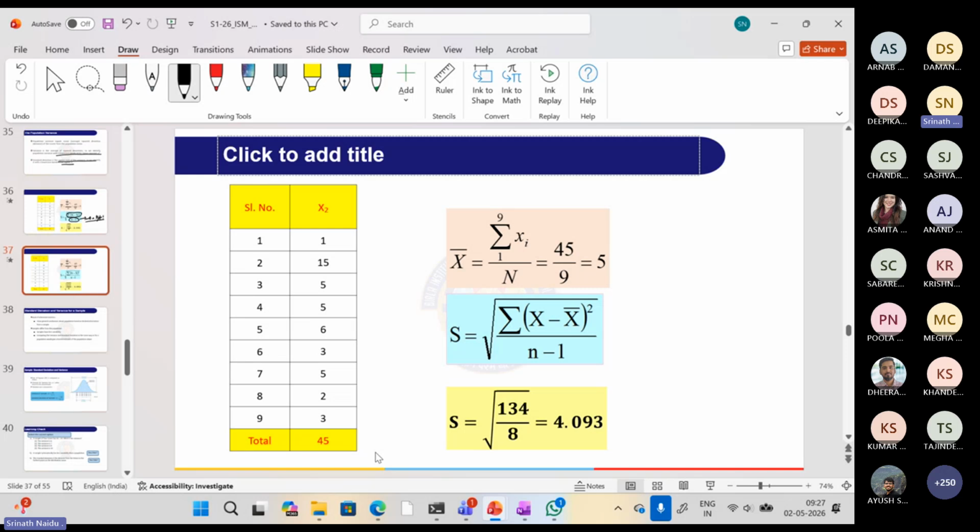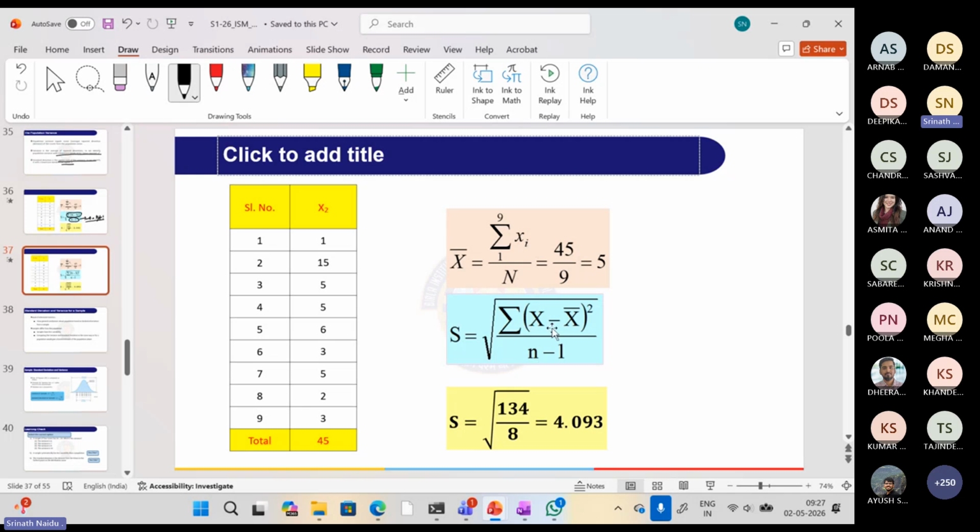So in answer to your question, you pretend that the data on the left-hand side is sample data, not the population data. And this formula, that standard deviation is the square root of variance, holds for any data. It's just that variance is being computed keeping in mind that we are working with a sample rather than the population.